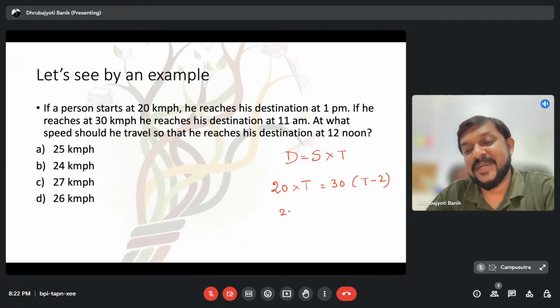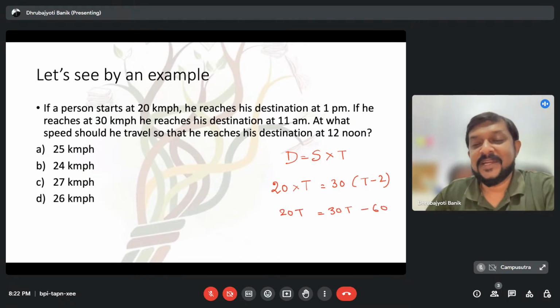So let's say this is 20t is equal to 30(t-2), so 20t is equal to 30t minus 60, right? So therefore what we get is 10t is equal to 60, that means t is equal to 6 hours, ठीक है.